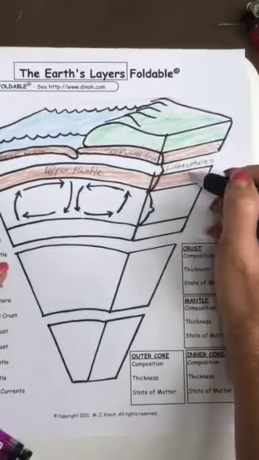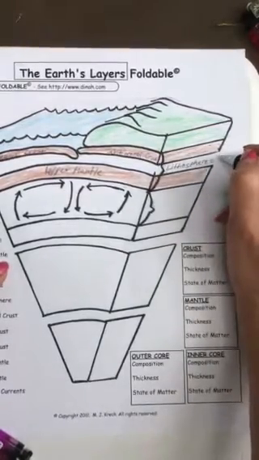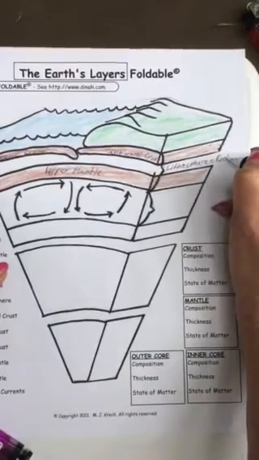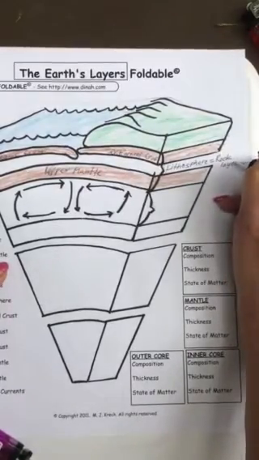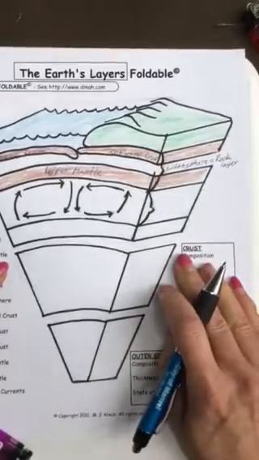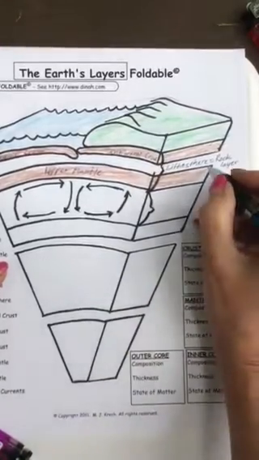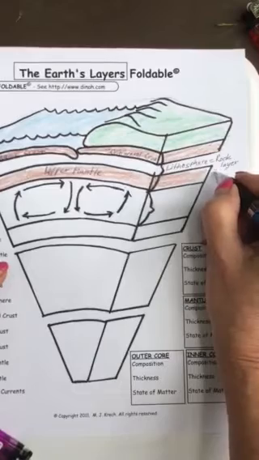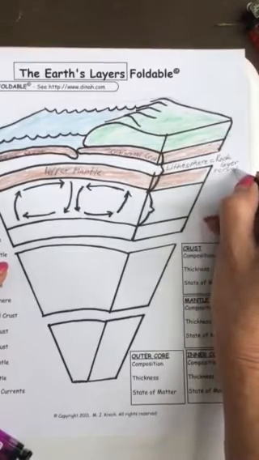So the crust and the upper mantle make up the lithosphere. Lithos means rock, it's the rock layer.